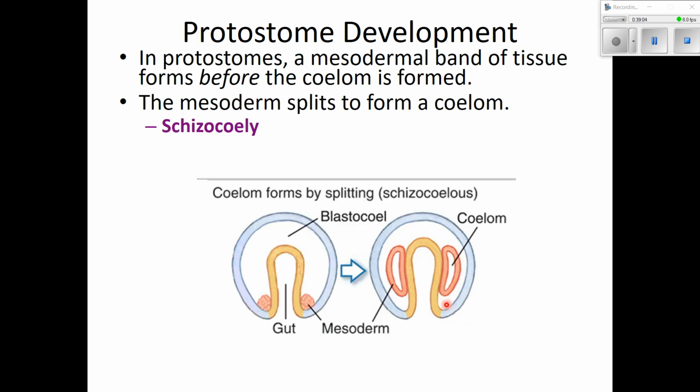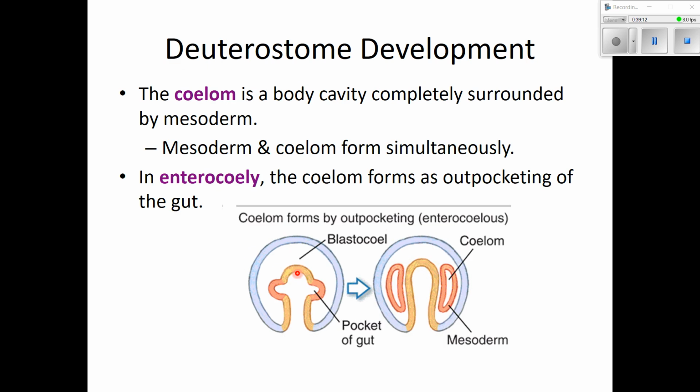So if you go back, in protostomes, the mesoderm is never really part of the archenteron, whereas in a deuterostome, the mesoderm forms as an outpocketing of the gut or the archenteron. So this is called enterocoelous development.